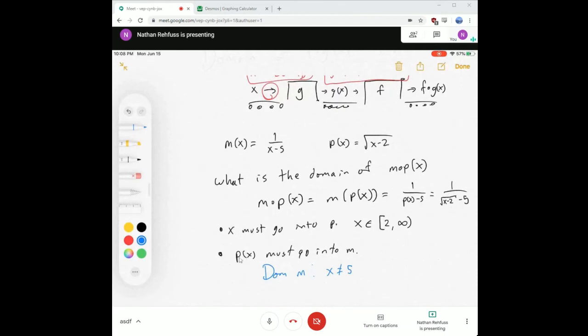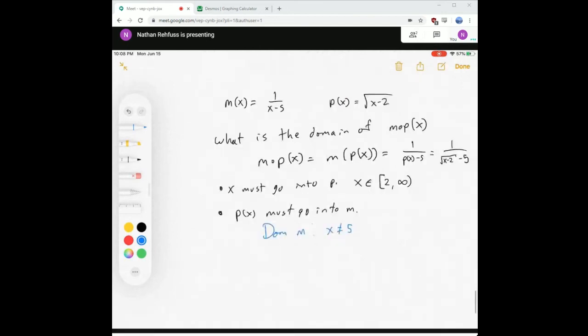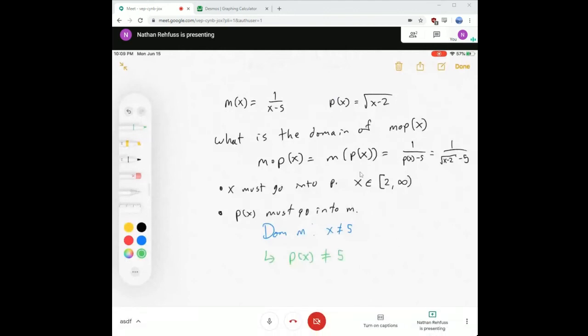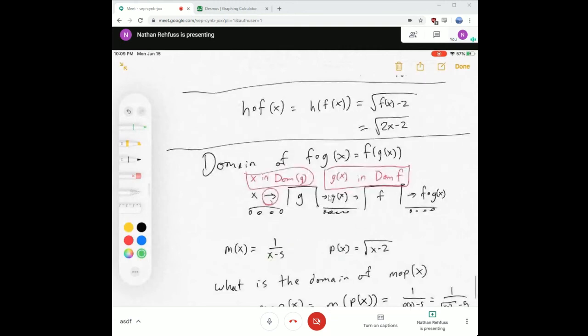So if I say p of x must go into m, what that means is p of x cannot be 5. Not x can't be 5, but p of x. It came out of the first machine here. And now I'm saying if I got 5 out of the first machine, then I'm stuck trying to get into the second machine.